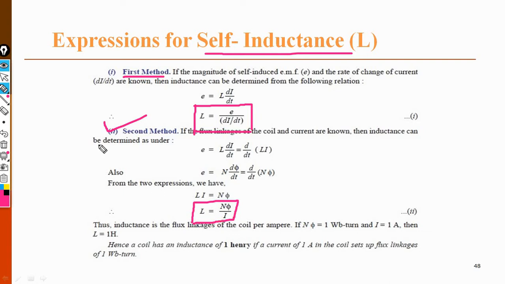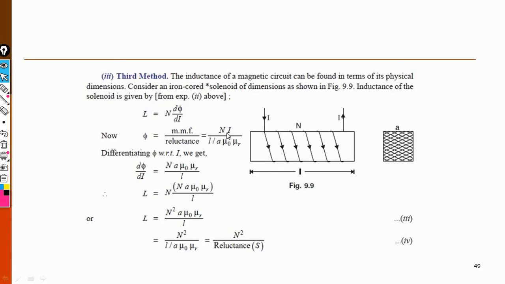Now we need the next method, the third method, to calculate self inductance L. Here we have considered a solenoid, with a number of turns wound on it, and current flowing through it.